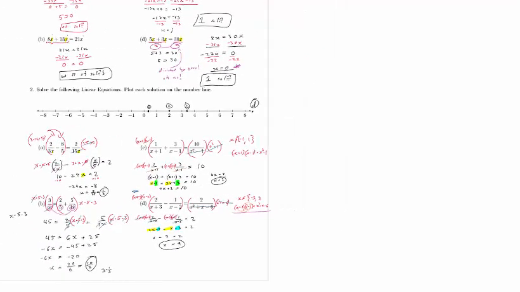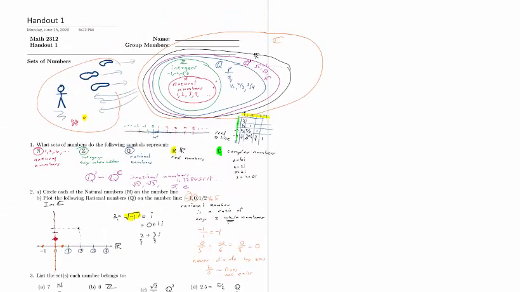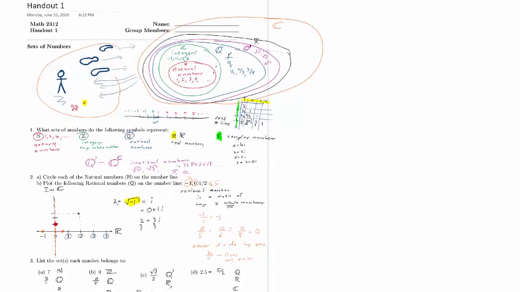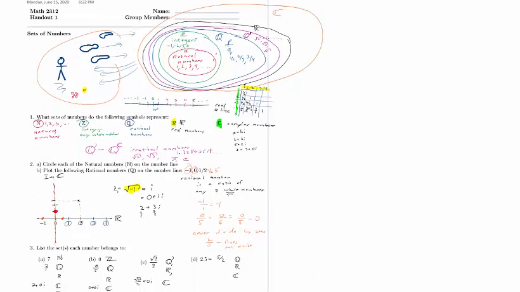Okay, well that's it for the handout here. We started off the handout in part 1 by going over the story of number sets. And we talked about what it meant to be a natural number. A natural number is just any number you can count to and naturally see with your eye. Integers include 0 and all the negative numbers.